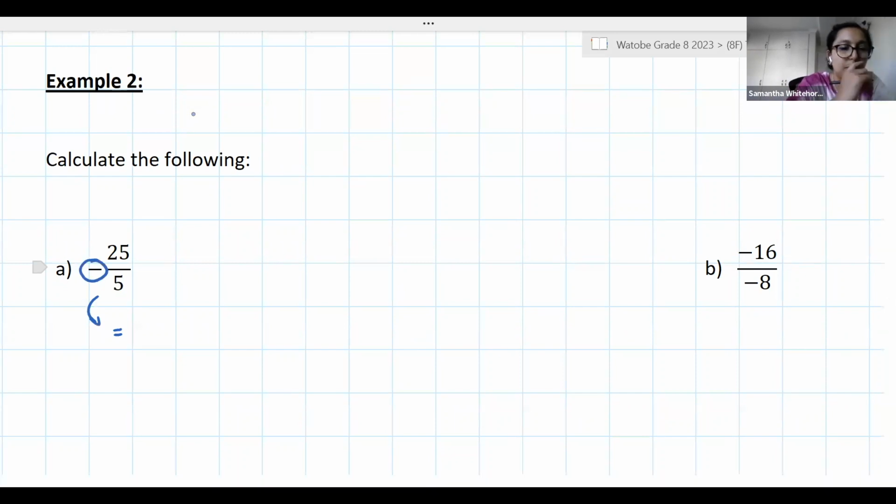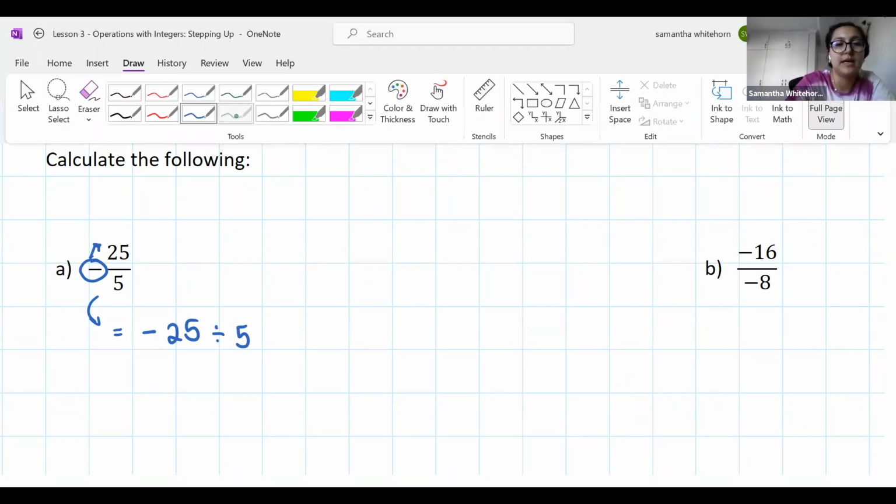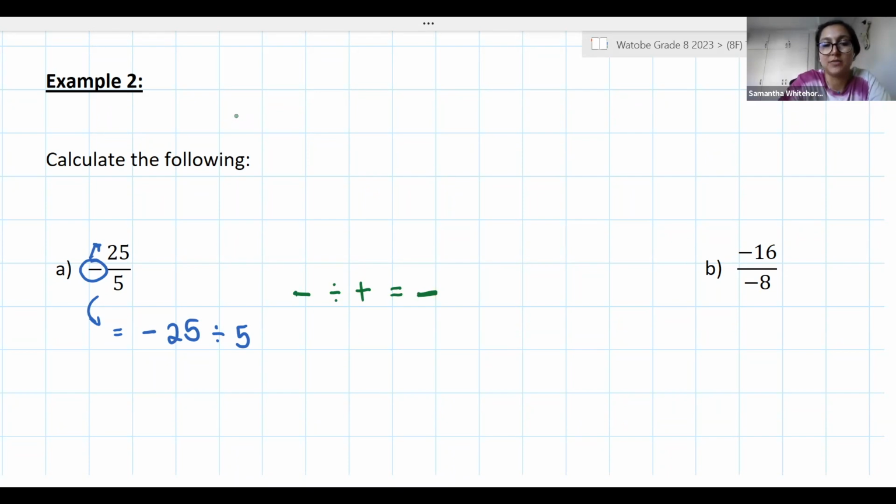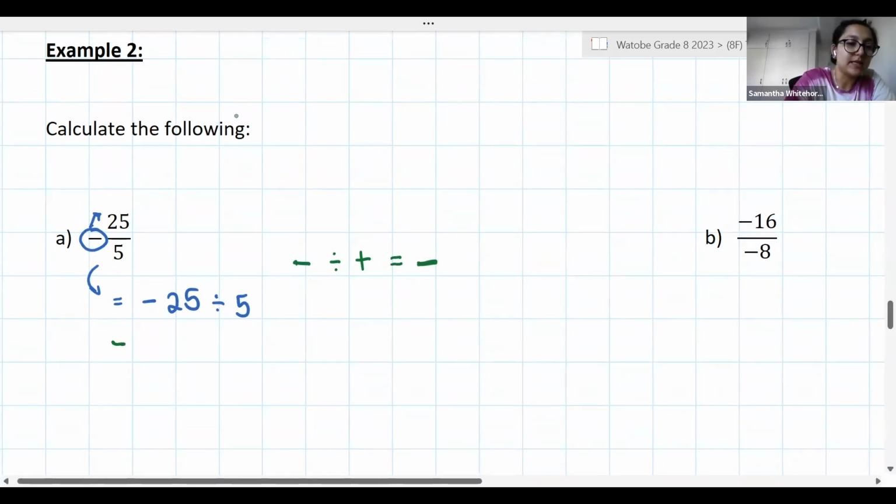This negative, we generally will just put with the numerator because it's saying that the value is negative. And so we can say negative 25 divided by 5. What I'm dealing with here is a negative divided by a positive. And we spoke about this earlier, that a negative divided by a positive gives us a negative answer. And so automatically I know here that my answer should be negative.